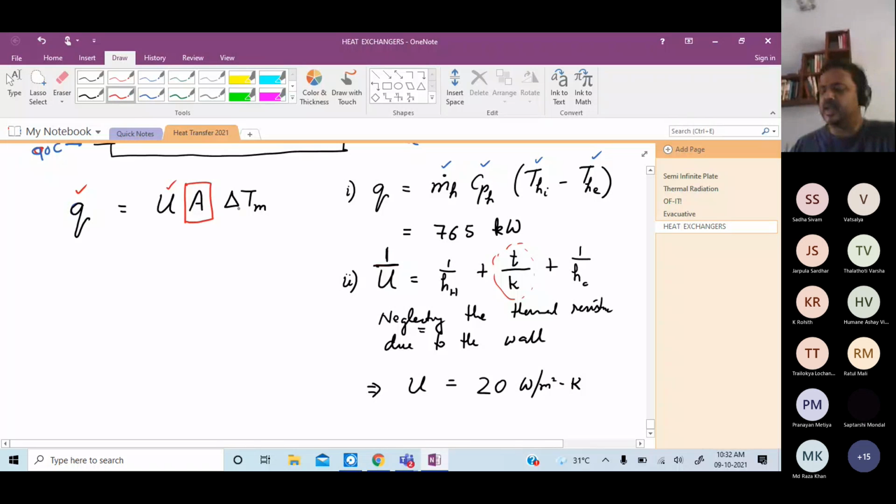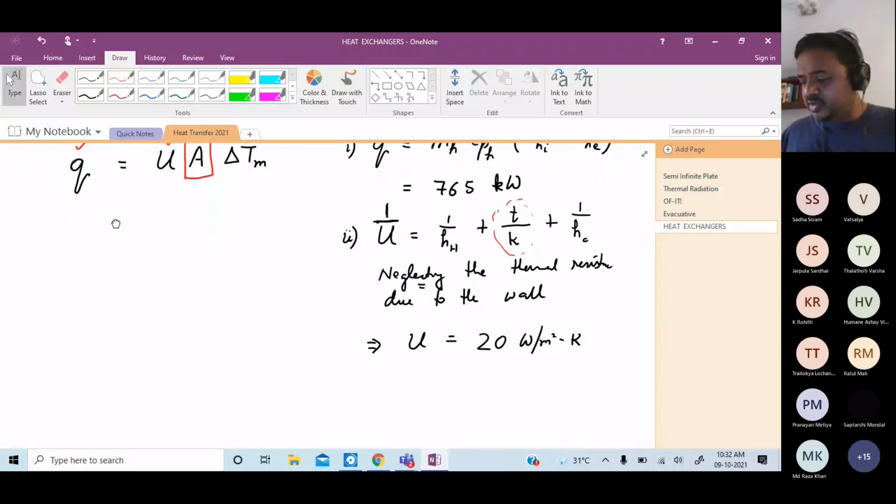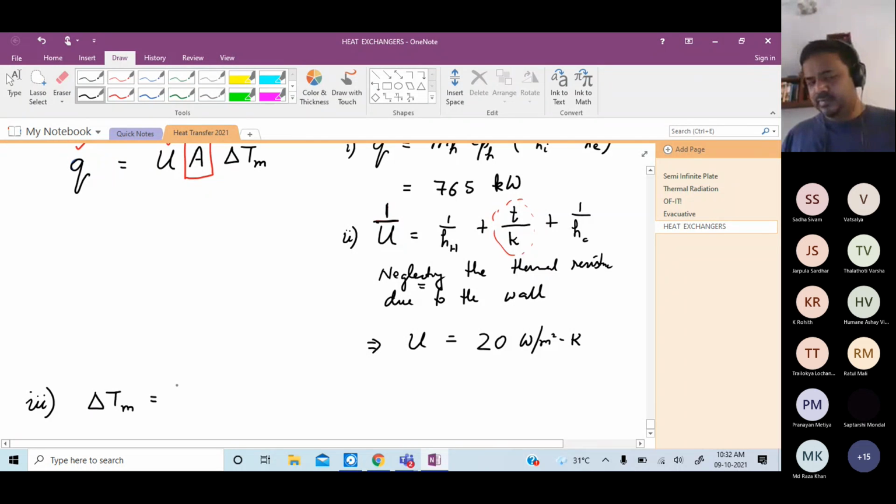Acha, baki raha delta Tm. So number 3, how will you do that? Do we know everything for delta Tm? What is delta Tm? Delta T1 minus delta T2, where 1 is inlet and 2 is exit, divided by log delta T1 minus log delta T2.